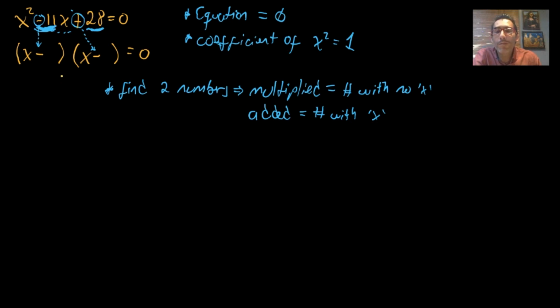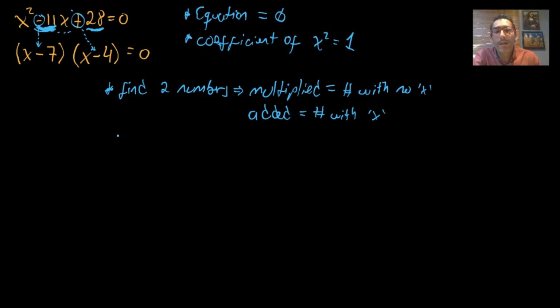So let's think of two numbers that when multiplied give positive 28, and when added give negative 11. I think that is negative 7 and negative 4. Let's confirm. Negative 7 times negative 4 is positive 28, yes. Negative 7 plus negative 4 is negative 11. So these are the two numbers.